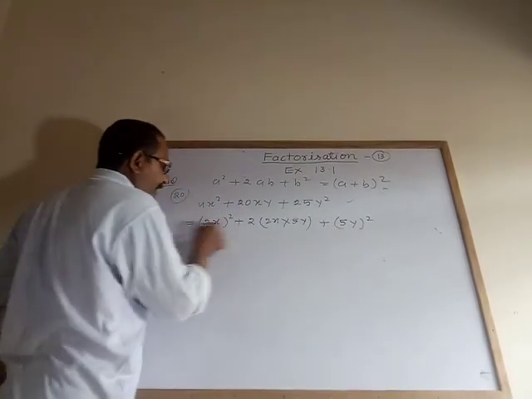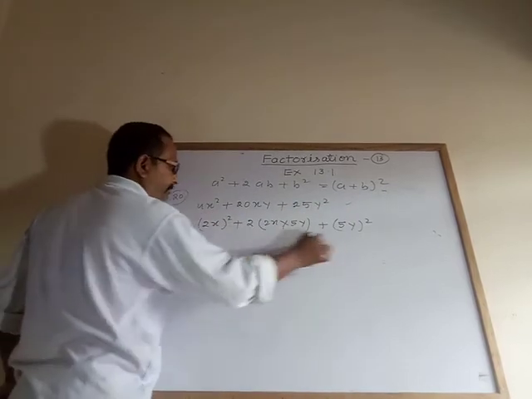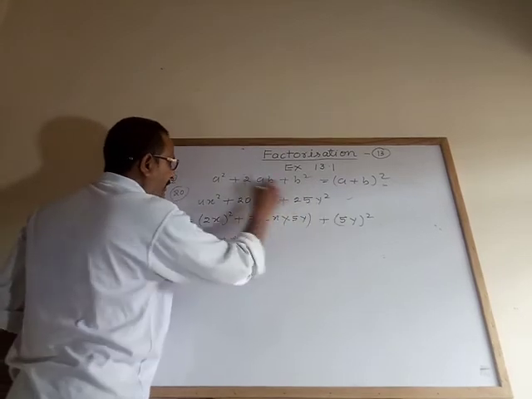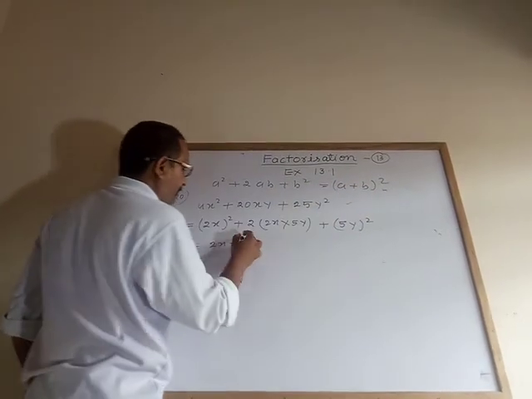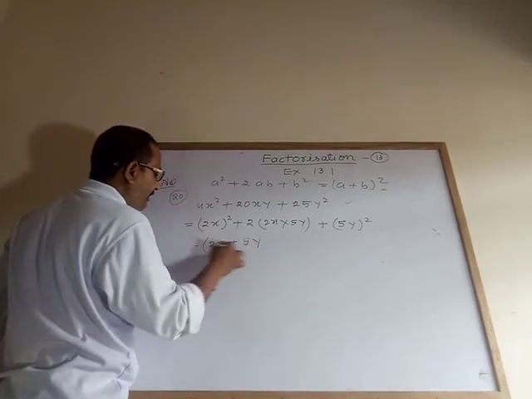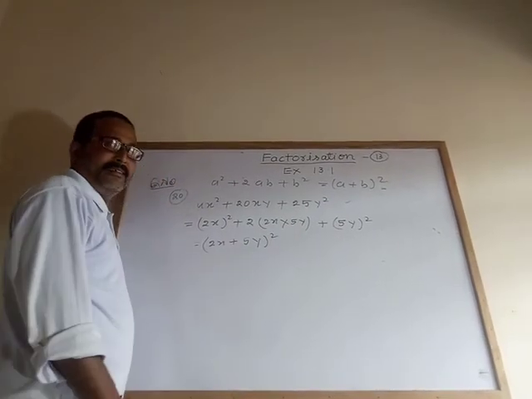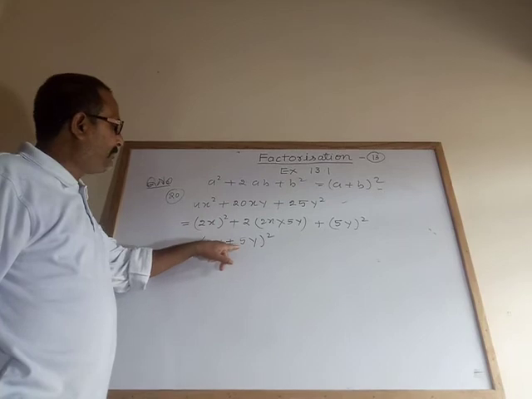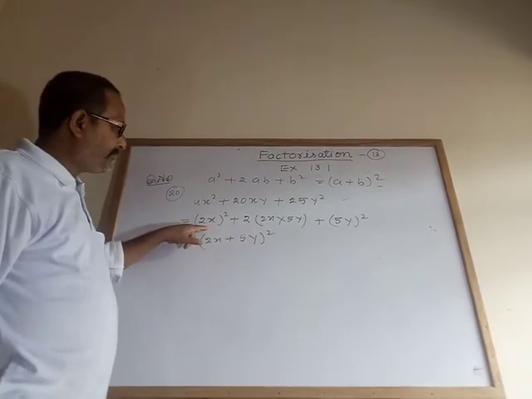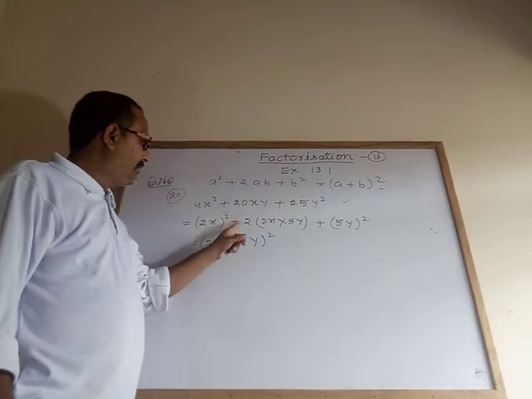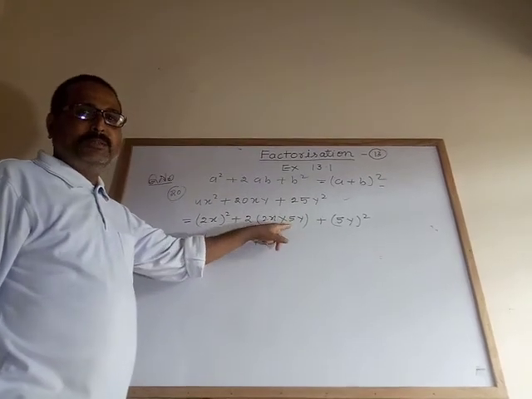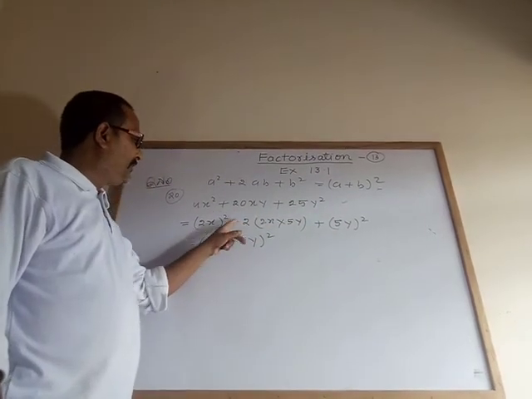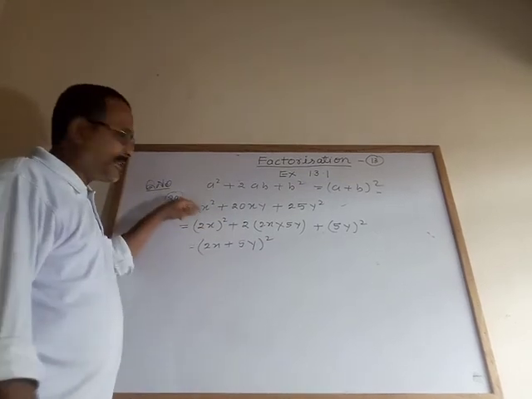This is a perfect square algebraic expression. You can write it as 2x plus 5y whole square. When you expand it, a plus b whole square means a square plus b square plus 2ab: square of the first term plus square of the second term plus 2 into first term into second term. Same answer you will get.